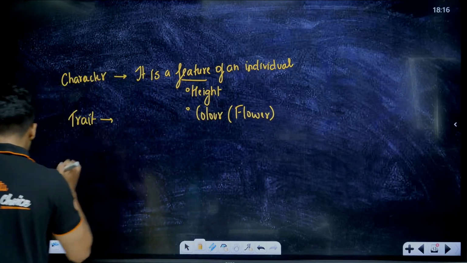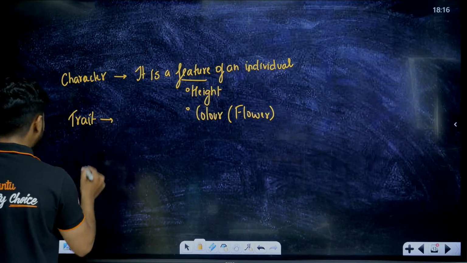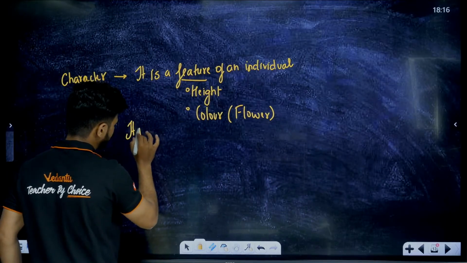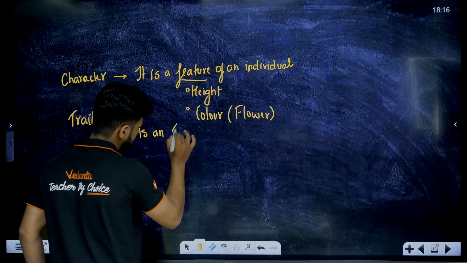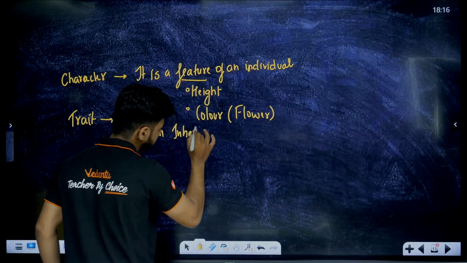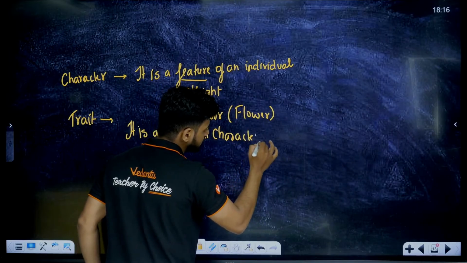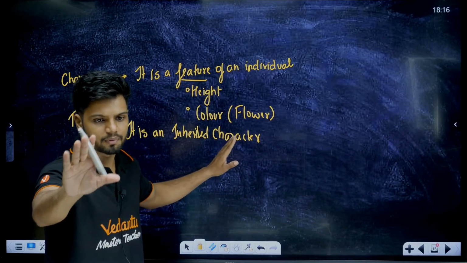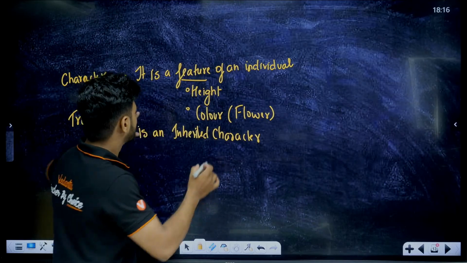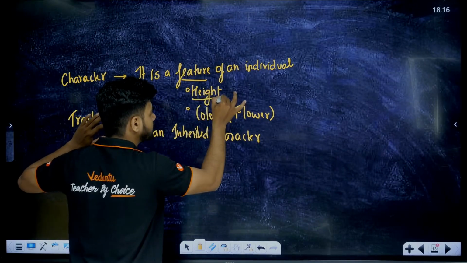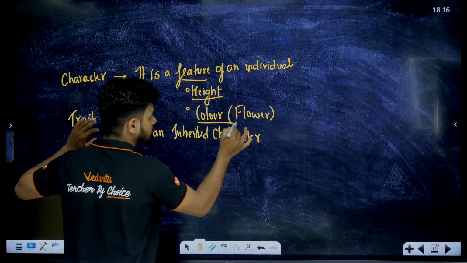Now, what is a trait then? A trait is an inherited character. Let me give an example. Here we spoke about height and color of a flower.